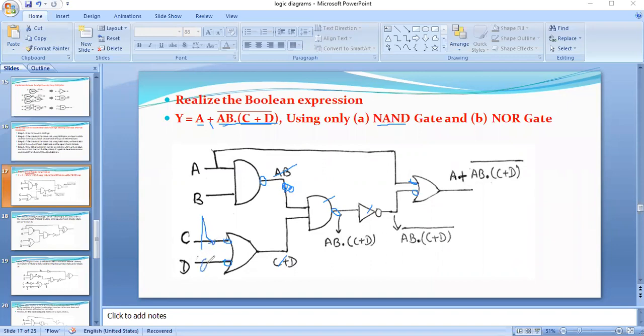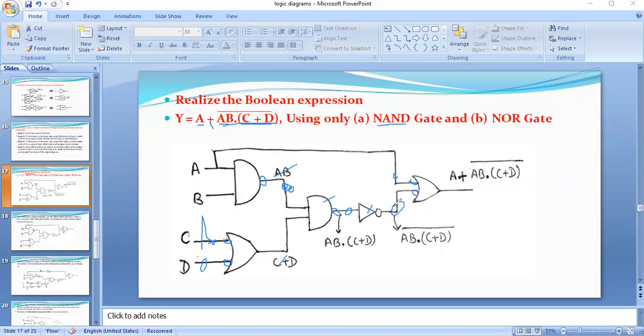Here also I'm using an inverter, and here also I am adding a bubble. So in this line I am also using an inverter, and in this line also, and in this line also. Okay, so that is the next step.